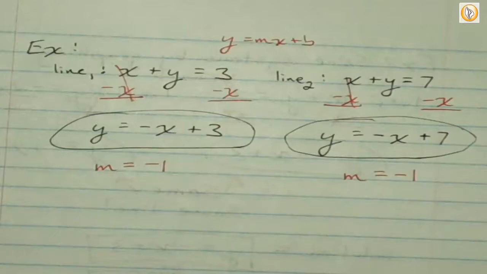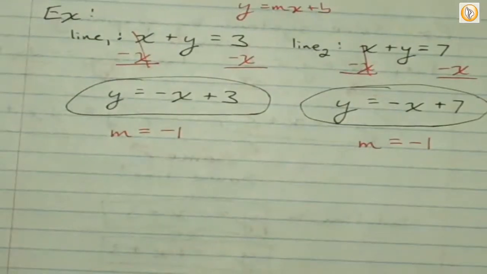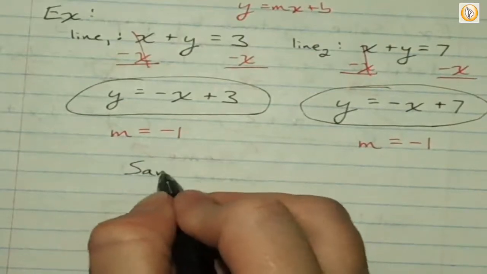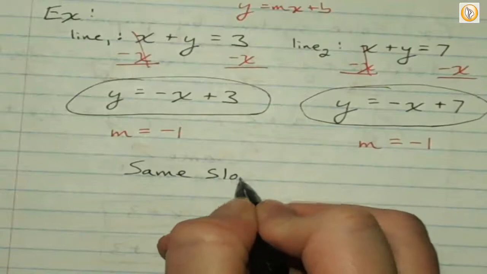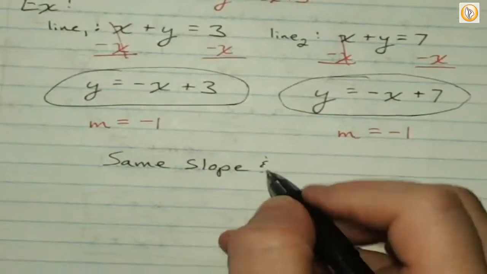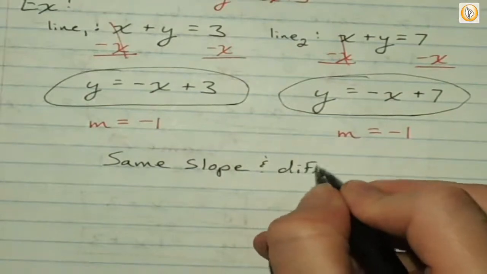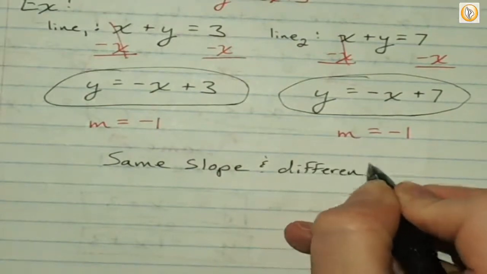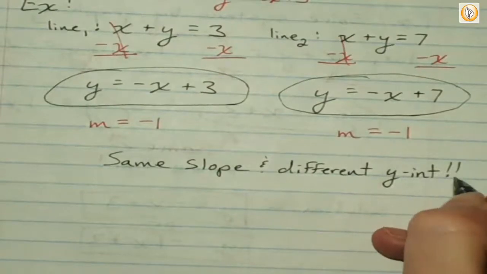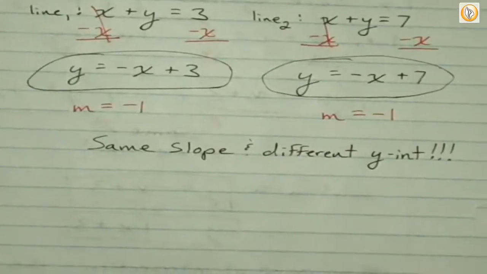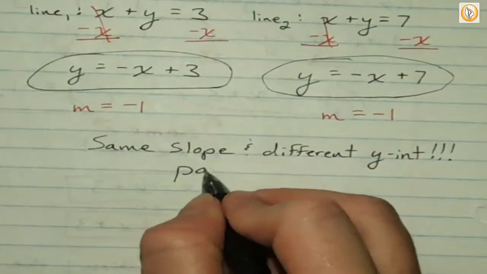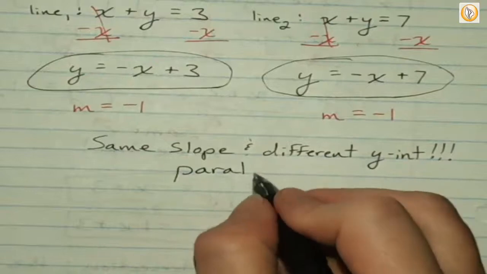Parallel. Parallel lines. These, boys and girls, have the same slope. And different y-intercept. They are parallel lines.